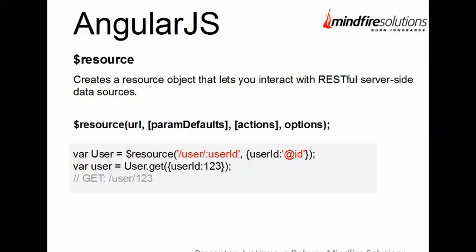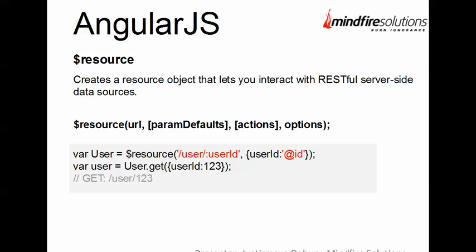To create a resource object, we know what a resource is in a RESTful API, right? In our previous slides I showed you how, let's say we want to do some operation on user data, then user will be the resource for the web API. So we can define the resource object of AngularJS something like this: the URL, the default parameters, the actions, and the options.